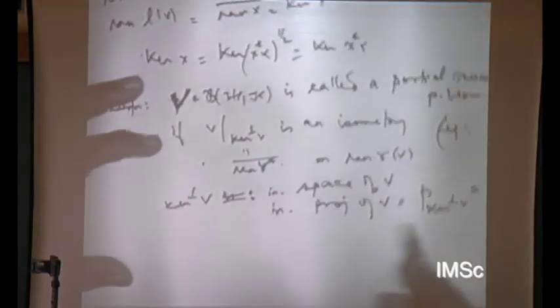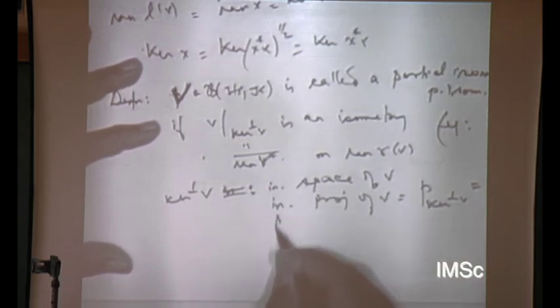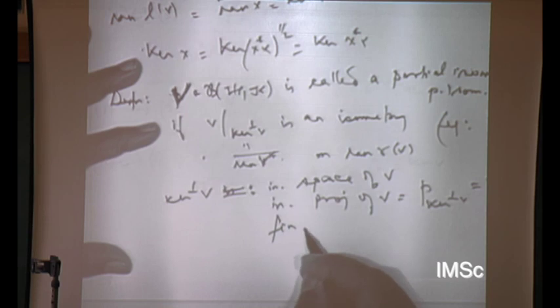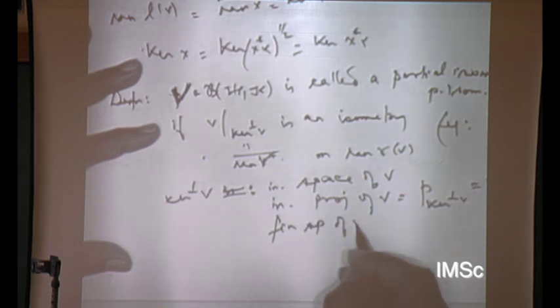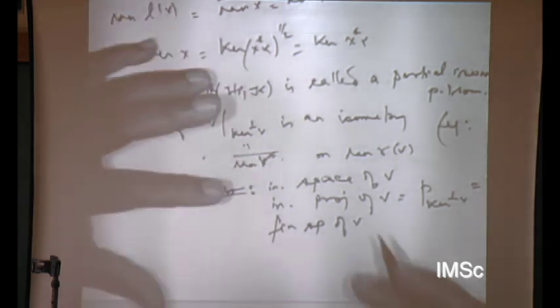Okay, and so now I can complete this family of definitions. I will say that the final space of V, if you think of V geometrically, the initial space as V, the final space is going to be where V maps.